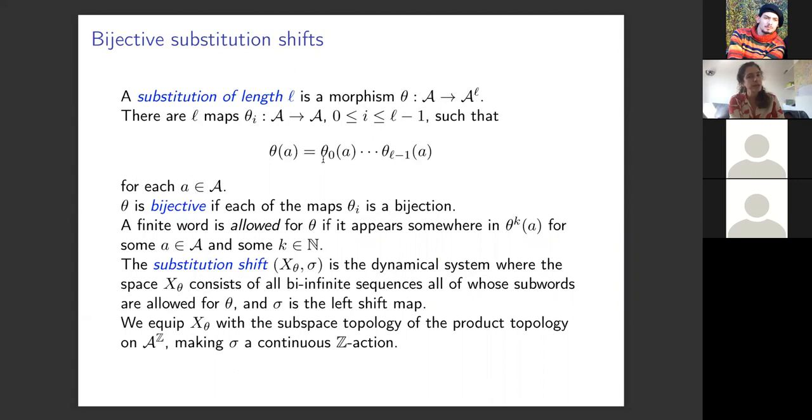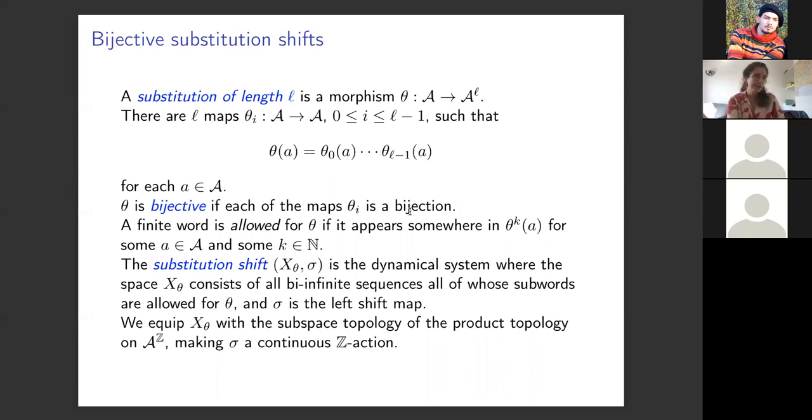This notation will be important. So theta sub i is a map from A to A, and theta sub i of a tells me what the ith letter of theta of a is. Theta is bijective if each of these maps is a bijection. If you don't know much about bijective substitutions, you can think of the Thue-Morse substitution, that's bijective.